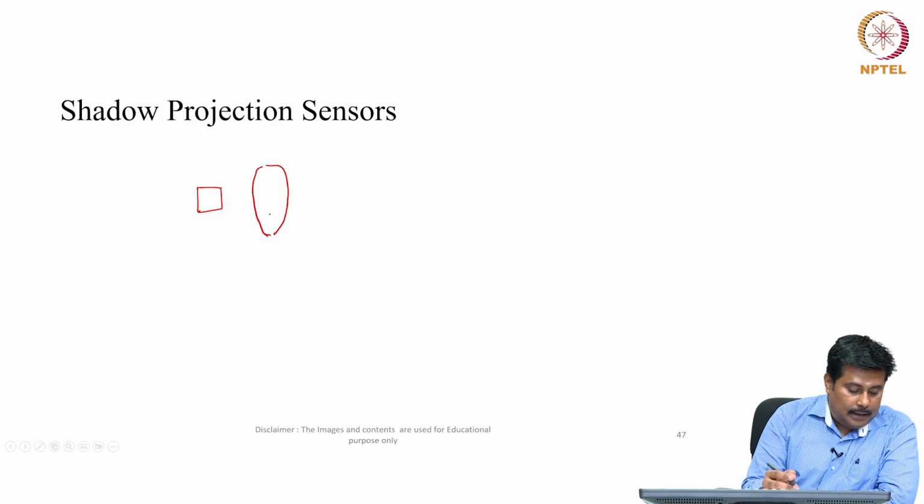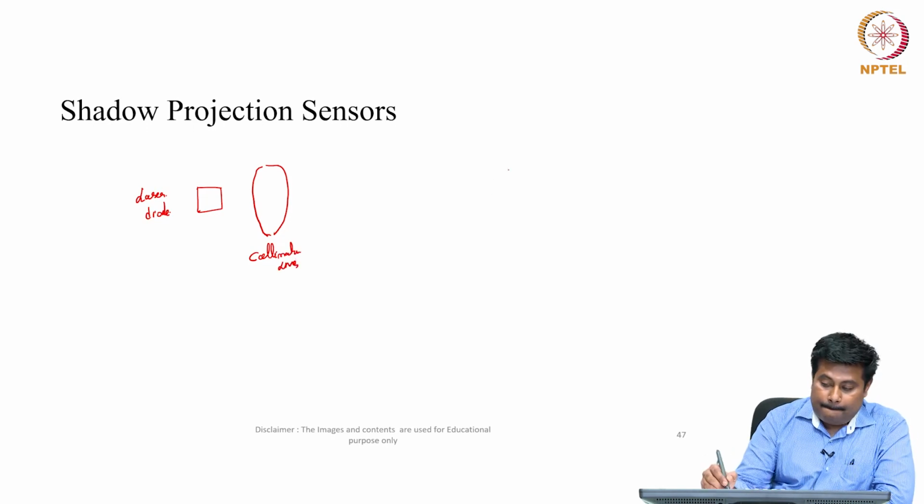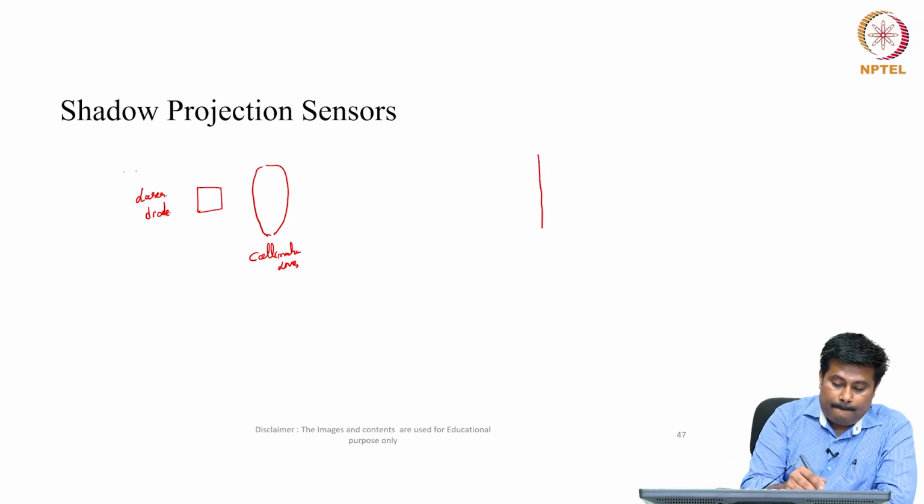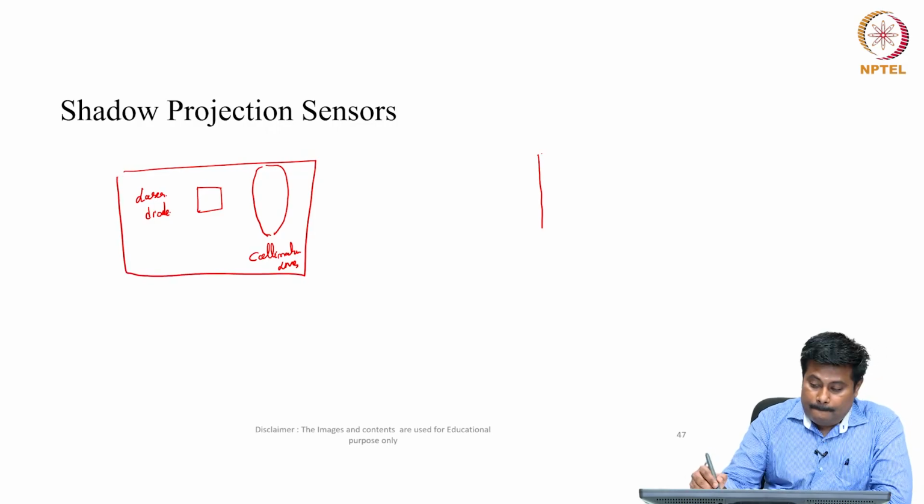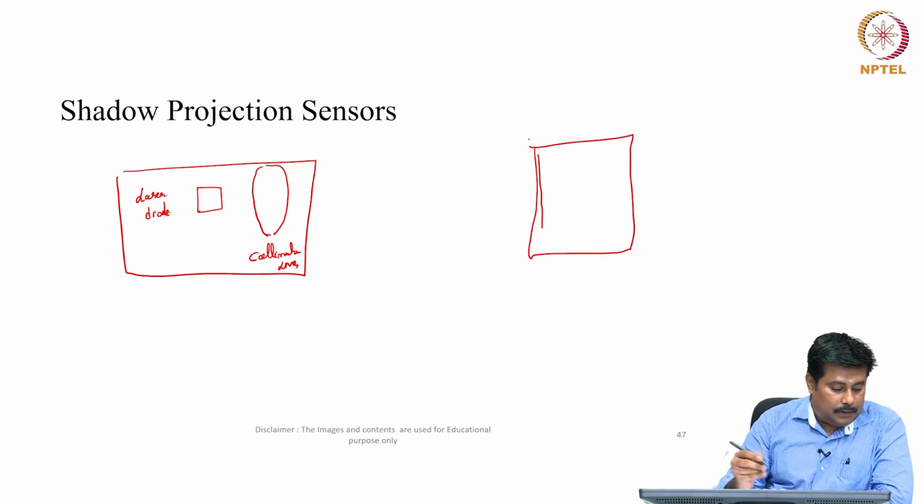a collimating lens. This is a laser diode and a collimating lens. So there are two components.